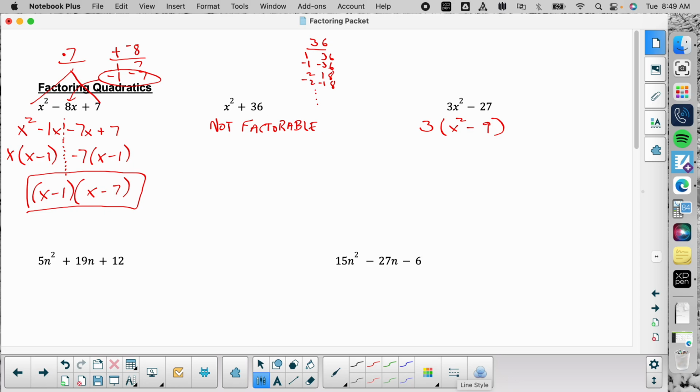Brody, or just anybody. Does anybody remember what to do when there's no middle term? What do you write in place of nothing? A 0. Or write everything. Okay.